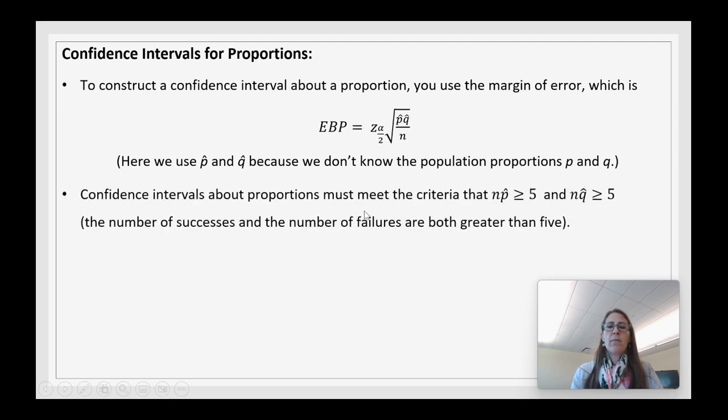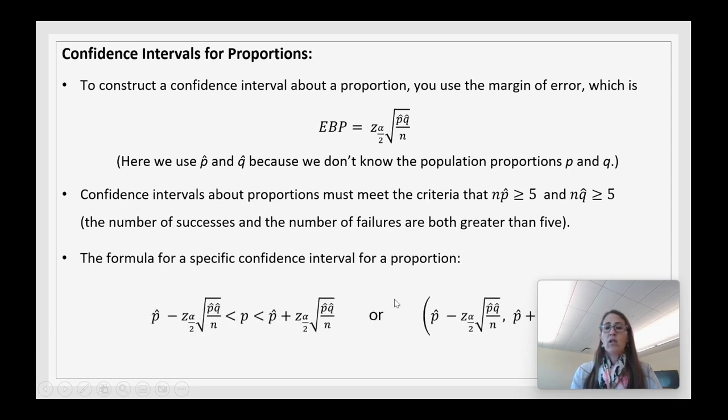And confidence intervals about proportions must meet the criteria that n times p hat is greater than or equal to 5 and n times q hat is greater than or equal to 5, which is the total number of successes and the total number of failures must both be greater than 5. So now the specific formula is going to look like this.